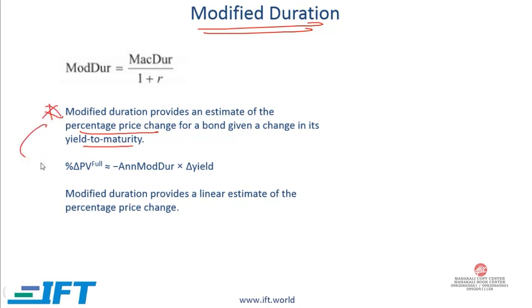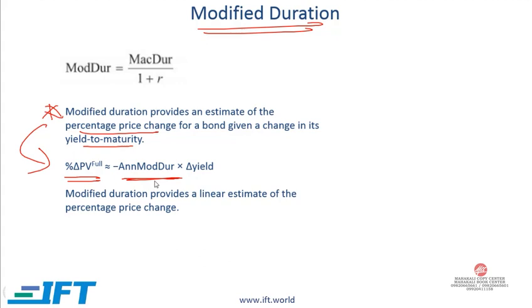If we take this interpretation and express it as a formula, this is what we have. The percentage change in the value of a bond, and this is actually the full price of the bond, is equal to minus the modified duration times the change in yield.